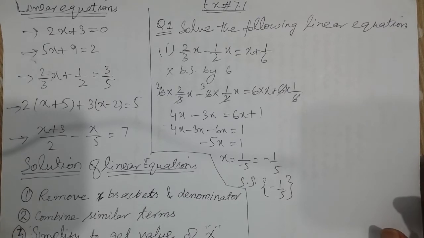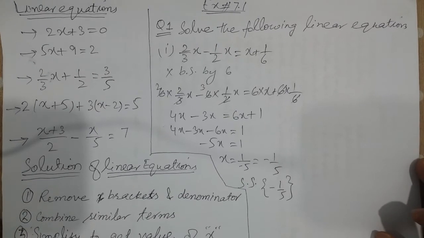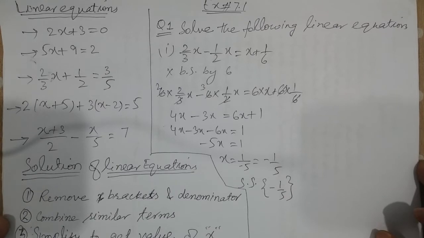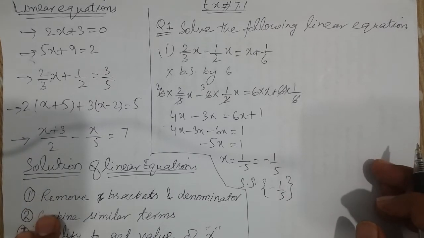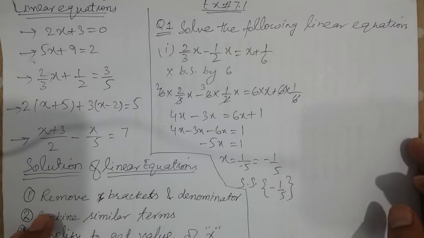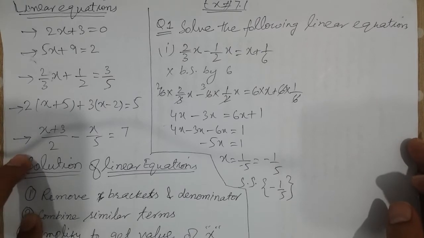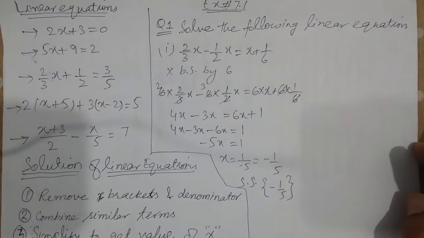So similarly we can do the rest of the questions. The first 5 questions can be done by this method. Those are very easy. If you get a bracket, first you have to remove the bracket, and then all these steps will be followed.